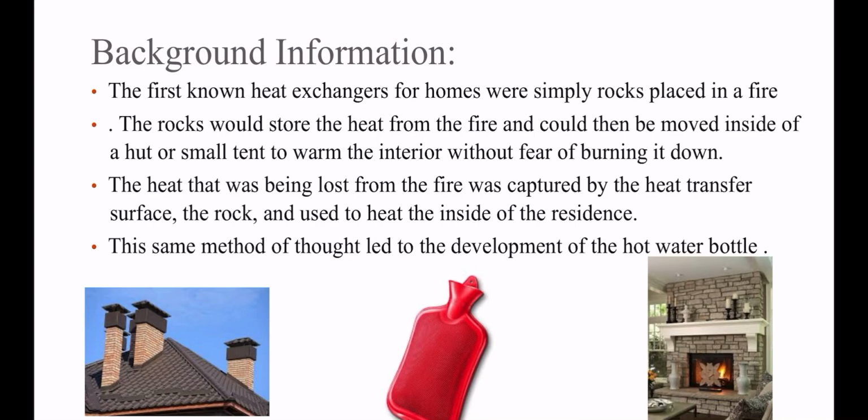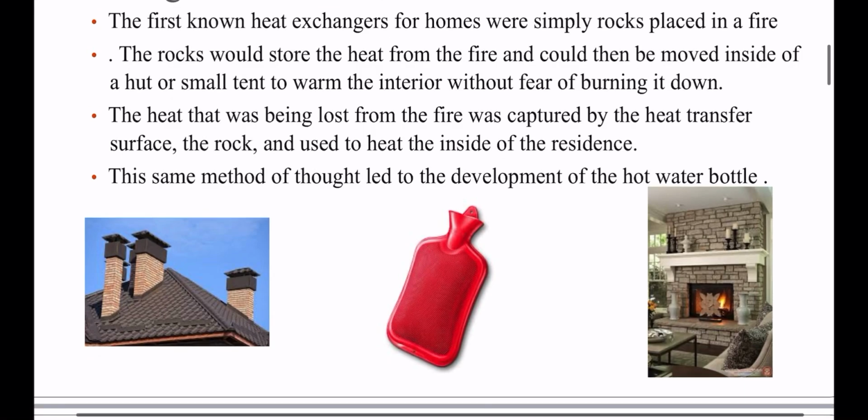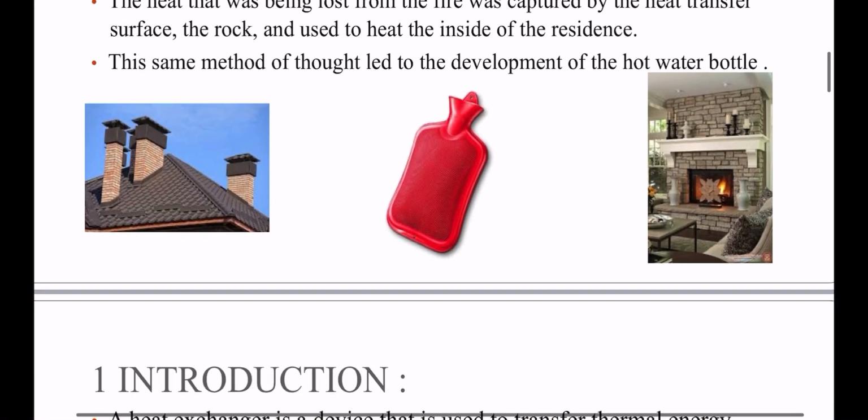The heat that was being lost from the fire was captured by the heat transfer surface, which is again the rock, and used to heat up the inside of the residence. The same method of thought led to the development of the hot water bottle. As you can see in the middle, the red hot water bottle.